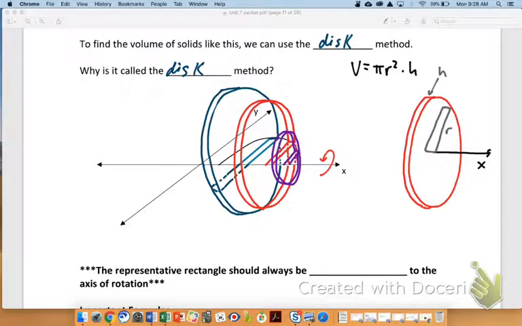Not D. That's not a bad idea, but I'm trying to get you guys to come up with this on your own. I mean, you could put dh, but then the rest of your integral would have to be in terms of h. It's definitely not dr, because dr would be a little tiny change in radius, and the radius is what it is based on the function. So go back to this. Anna's starting to get there.